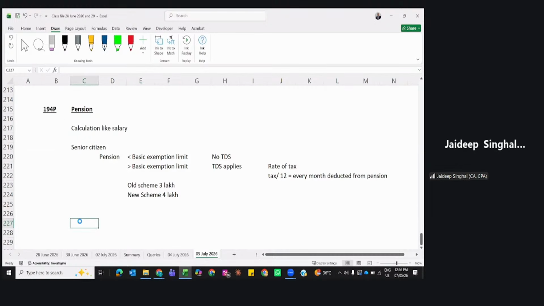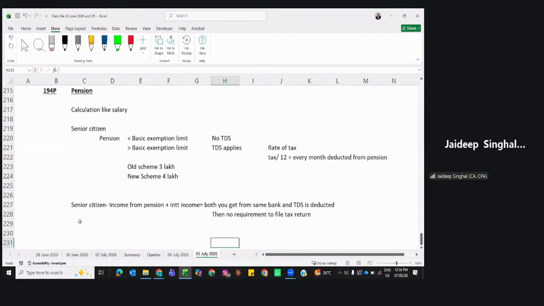Another thing it says, which we will also study in the return filing chapter: if you are a senior citizen, you have income from pension and interest income, and you get both from the same bank, and TDS is deducted, then there is no requirement to file a tax return.